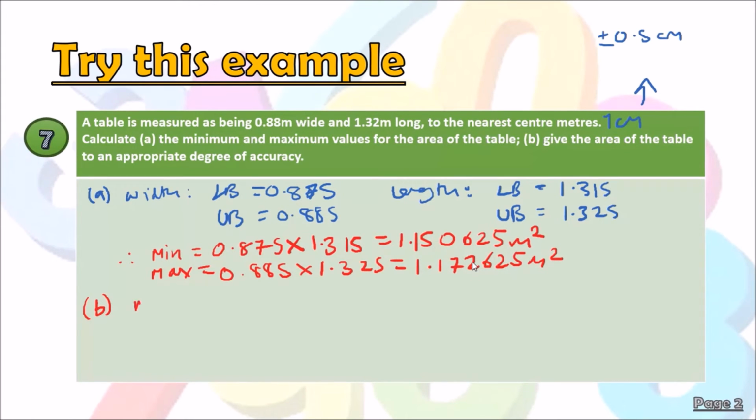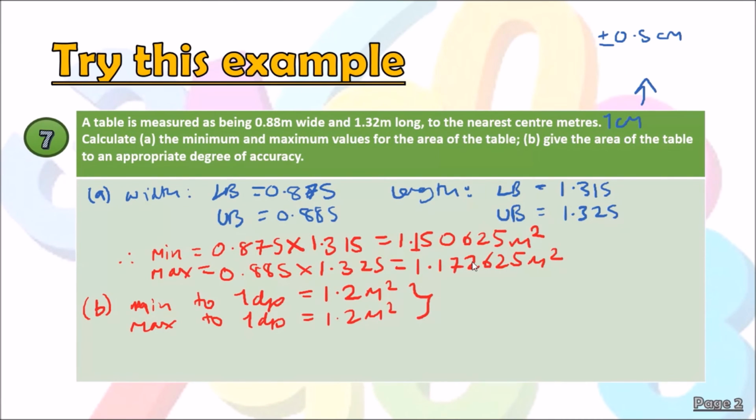Rounding the minimum to 1 dp gives us 1.2 meters squared. Why? Because we look at the second decimal place, which is our decider. It's 5 or bigger, so this goes up by 1. The max is the same thing, to 1 dp: 7 is also 5 or bigger, so it's also 1.2 meters squared.